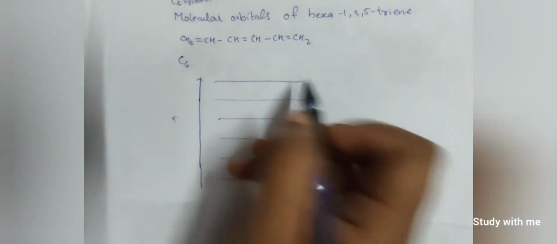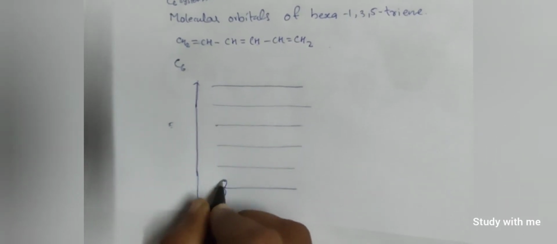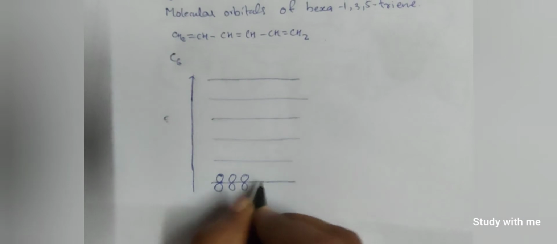Draw a line like this for energy, and this is a C6 system, so we have to draw 6 lines here. 1, 2, 3, 4, 5 and 6. Okay, now we have to put 6 molecular orbitals here. Okay, 1, 2, 3, 4, 5, 6.